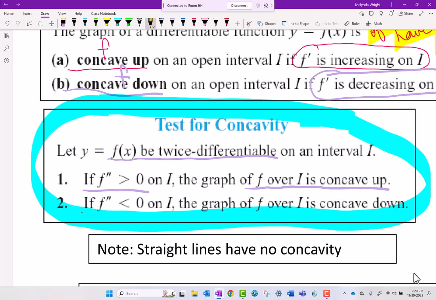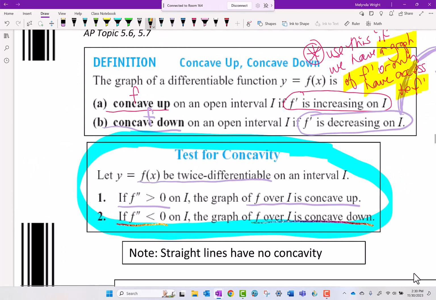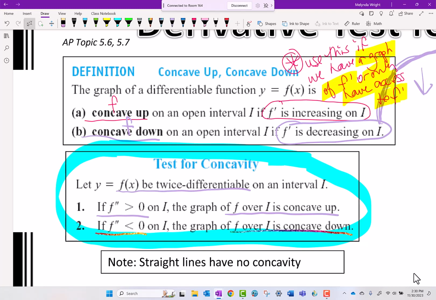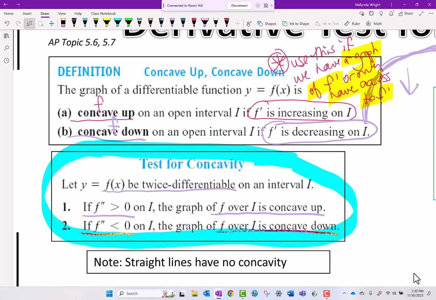If f double prime is negative, then f is concave down. Again, I'm trying to tie it to something we already know. If f prime is negative, f is decreasing. If f double prime is negative, f is concave down. Hopefully that helps put those things together. So those are the two different tests that we use for concavity. For this one, the test for concavity, I'll make a little note.